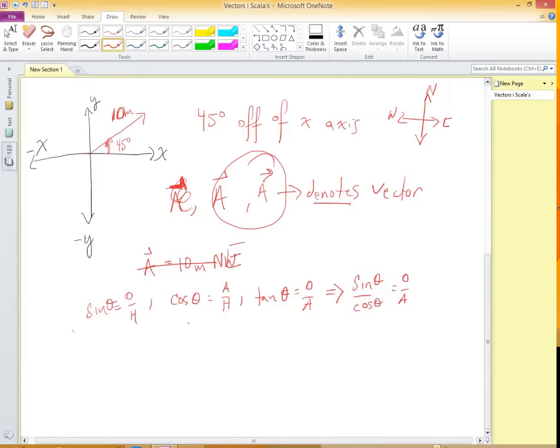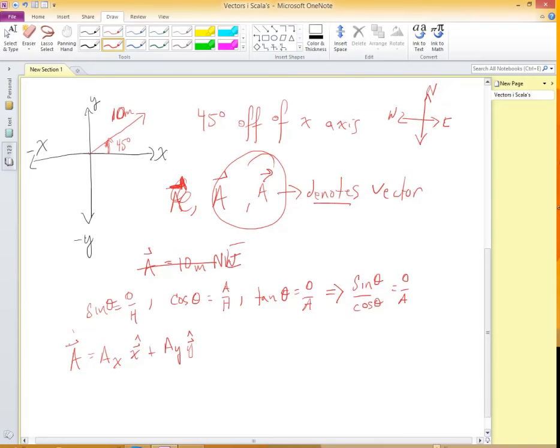So, how do we figure out how much in the x you've gone with this 10 meters, and how much in the y you've gone or traveled as well? What we do is break this vector up into its components. And what I usually do is break it up like this.